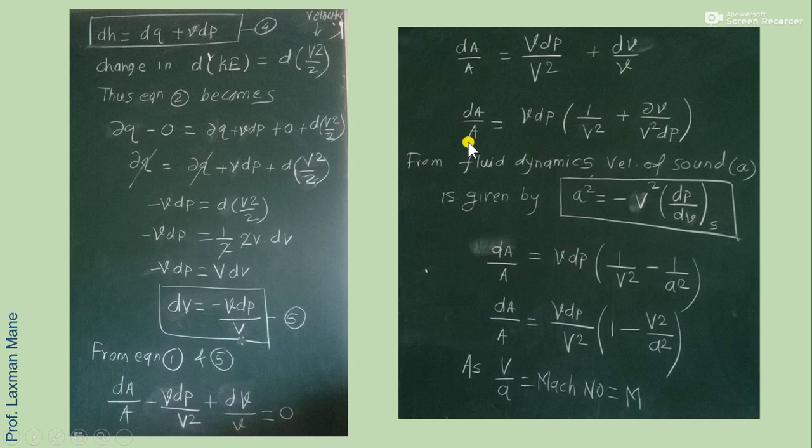So the above equation is dA by A is equal to VdP bracket 1 by V square minus 1 upon A square. Now this V square we will take common outside of the bracket: dA by A is equal to VdP upon V square bracket 1 minus V square by A square bracket complete. Now the ratio of velocity V divided by A is nothing but Mach number.